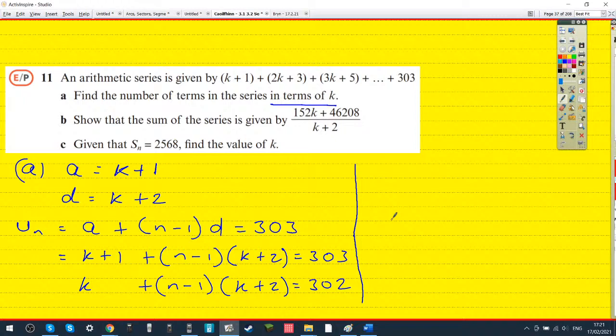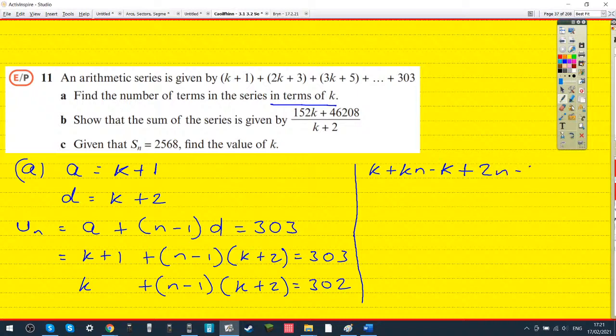You have to divide by. Oh no, expand the brackets now. Whatever you want. Okay, so if we expand the brackets, we get Kn minus K plus, minus 2 plus 2n.